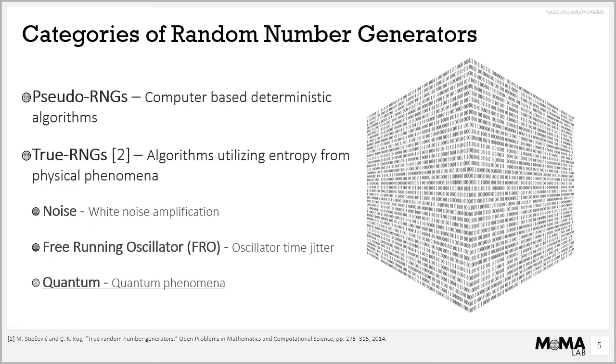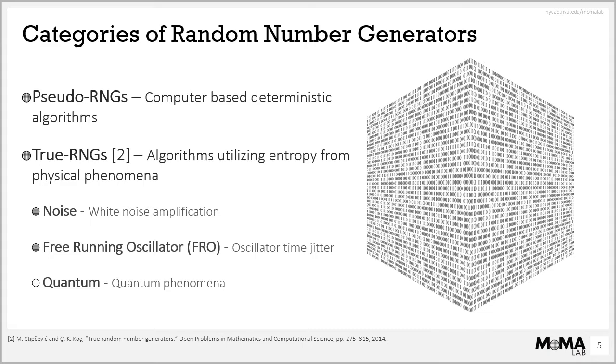Unlike pseudo RNGs, true RNGs rely on randomness of physical phenomena and processes that are characteristically stochastic and non-deterministic. Most true RNGs can be further categorized into three distinct families based on the source of randomness. So we have noise-based RNGs, free-running oscillator or FRO RNGs, and quantum RNGs or QRNGs.